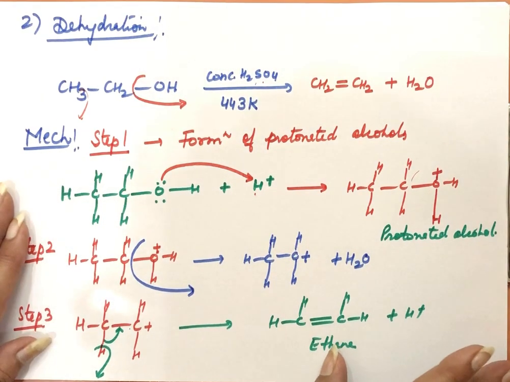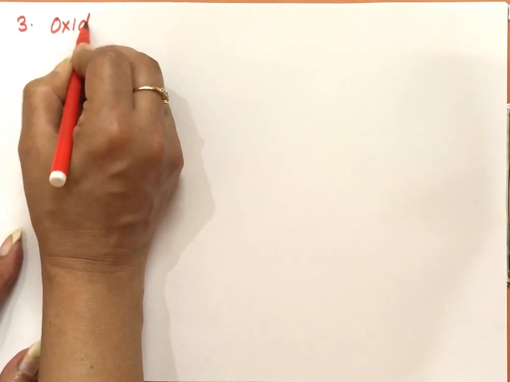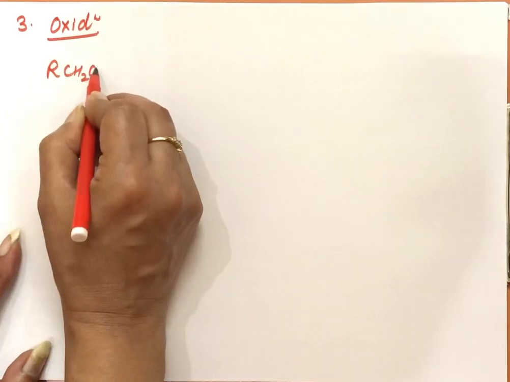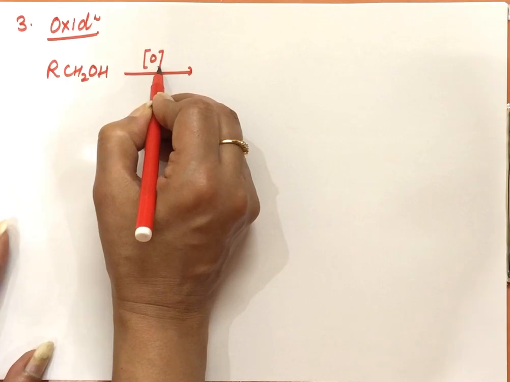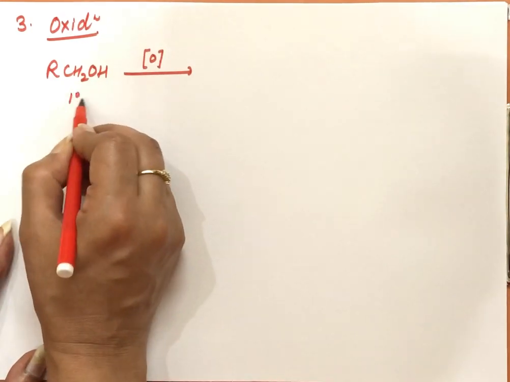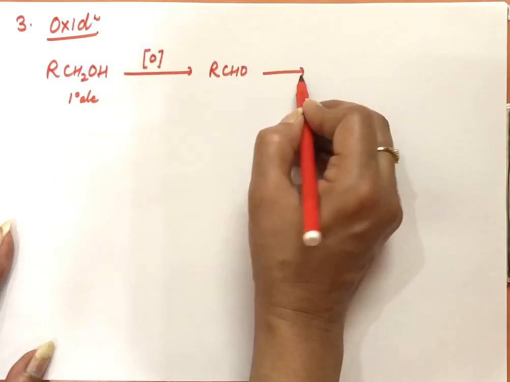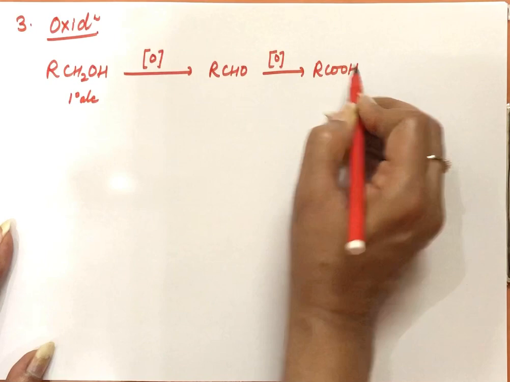So this is the second reaction. Now moving on to the third reaction, that is the oxidation reaction of alcohols. If we take alcohols and do their oxidation, depending on the oxidizing agent used here, they will oxidize to aldehydes, or if a strong oxidizing agent is used, then aldehydes will further get oxidized to carboxylic acids.